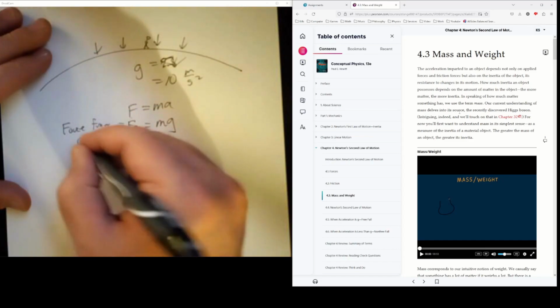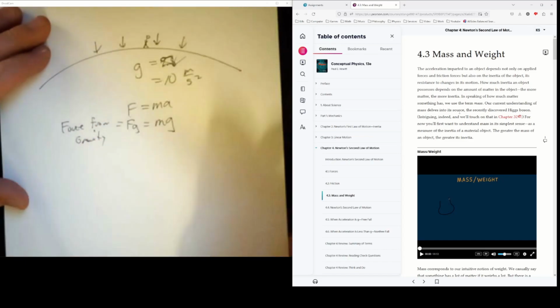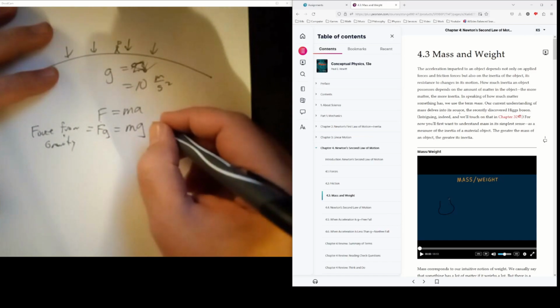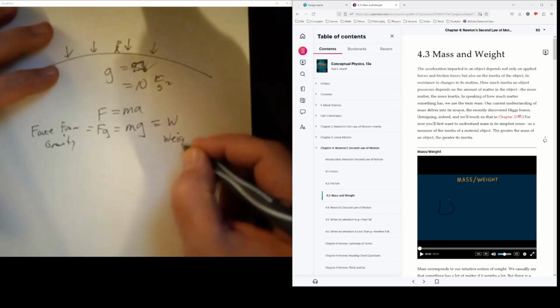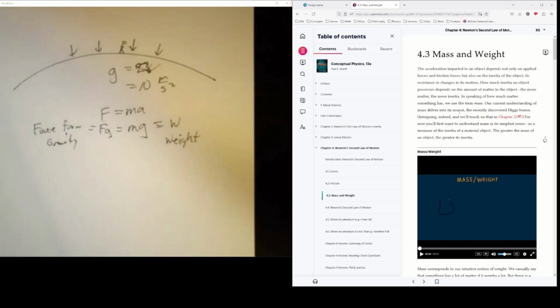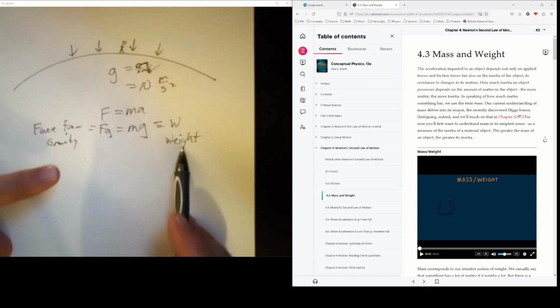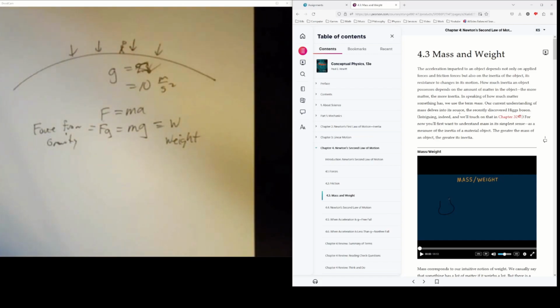And this is also very commonly called weight. So the weight you feel when you're walking around, that weight is the force from gravity. So commonly we use these two words.